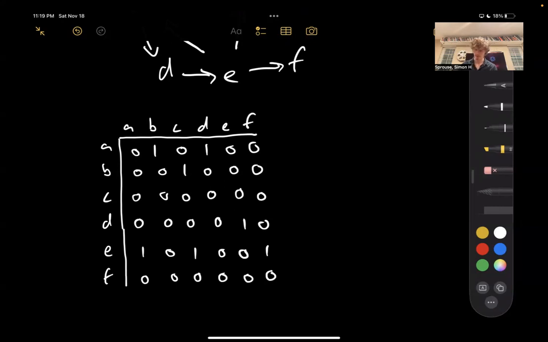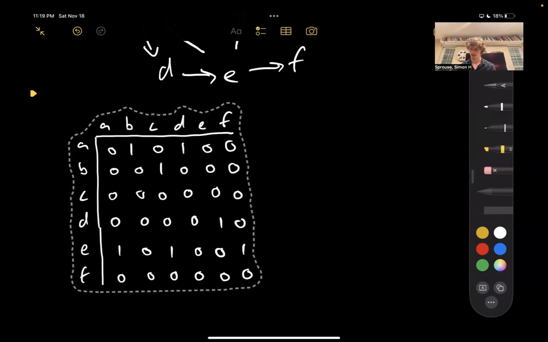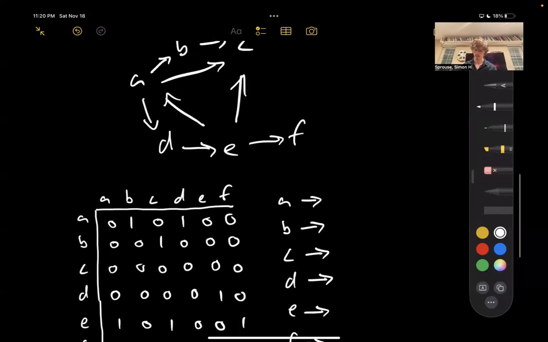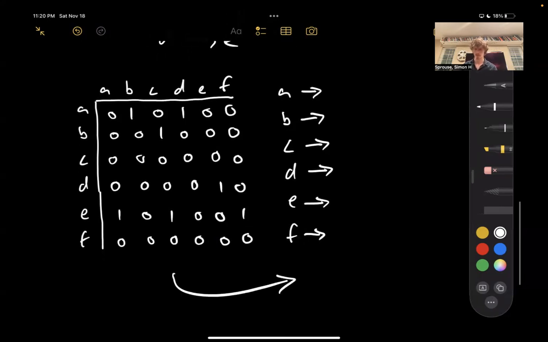And this information can actually be summarized in a more efficient and compact structure known as the adjacency list, where we represent all of our nodes in a similar way, so A, B, C, D, E, F, except this time each of these nodes on the left you can think of as a sentinel node in a linked list that contains all of the connections. So we can just translate from the matrix to the list.